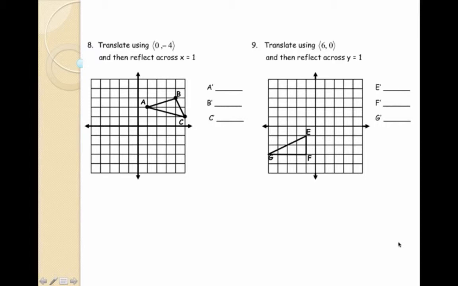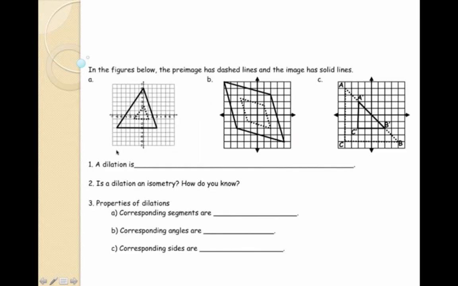Okay, so we're going to translate and then we're going to reflect, and this ought to cause a glide reflection. So we're using 0, -4, so we don't go any to the left or right, we just move down.